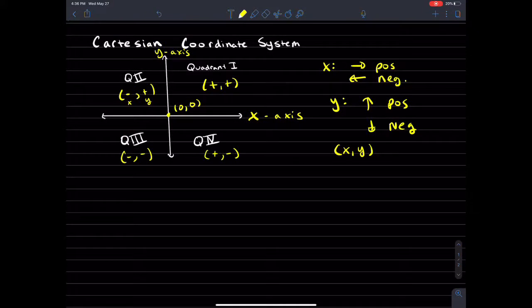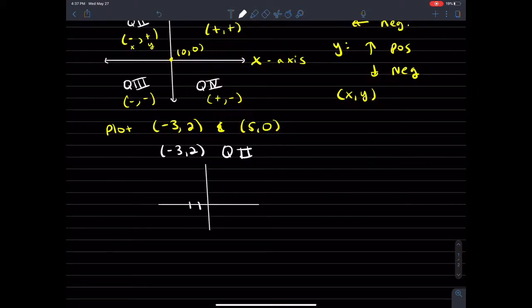So real quick, we're going to plot (-3, 2) and (5, 0). (-3, 2) is left and up, so it's in quadrant 2. We can tick off and go backwards 1, 2, 3, up 2, and there's (-3, 2).